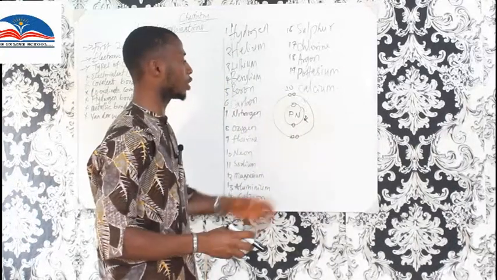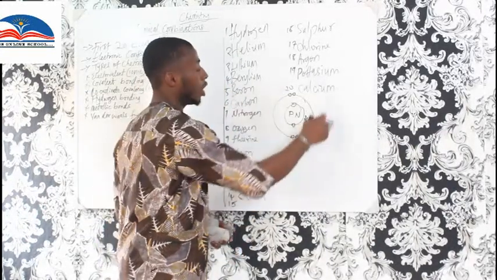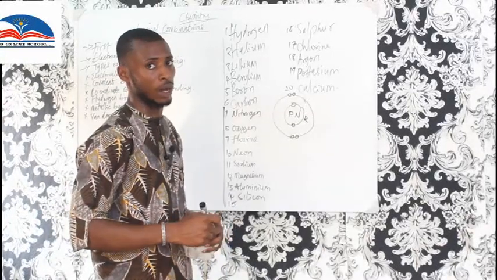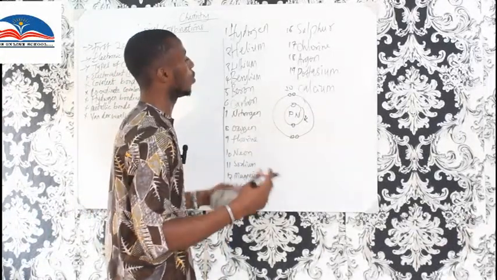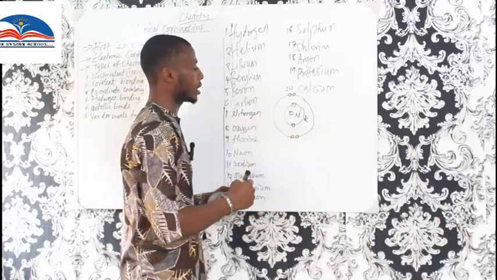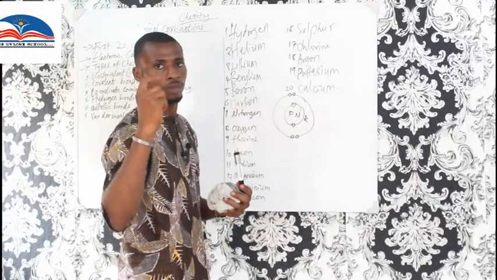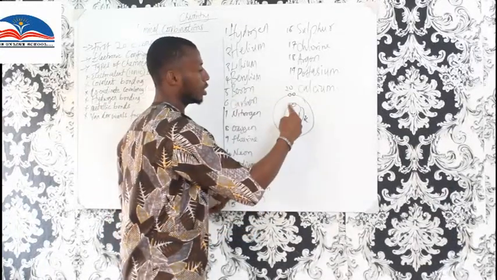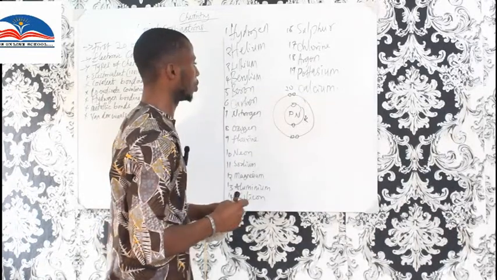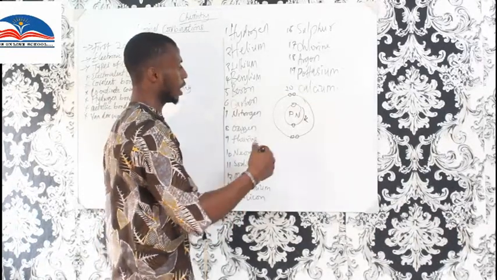The first shell has 2 electrons, while the other shells have 8 electrons present in the atom shell. Now, 8 electrons makes it an octet shell, while the 2 electron shell is a duplet shell. Just note that.